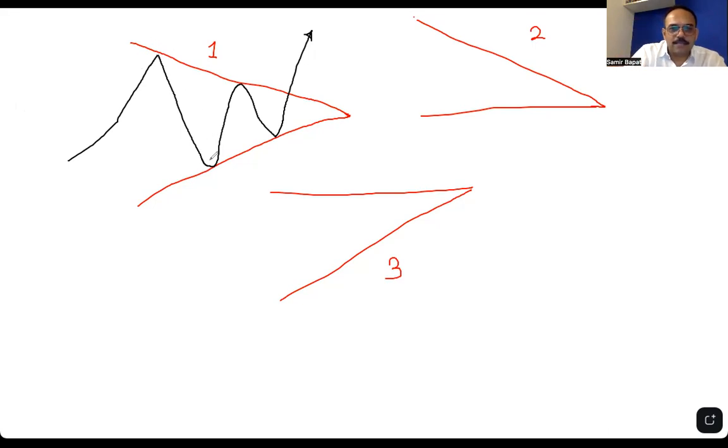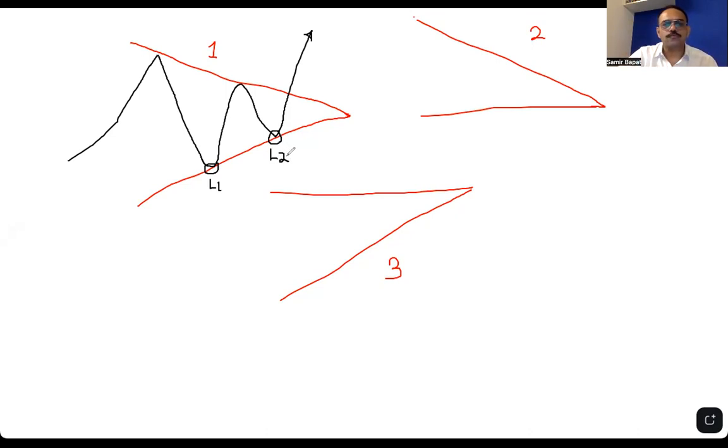See, price came down. This is the low it formed. Then this is the low it formed in this triangle. So it formed two lows: one low, then it went up, it formed a second low. So let's call this L1 and let's call this L2, low 1 and low 2.